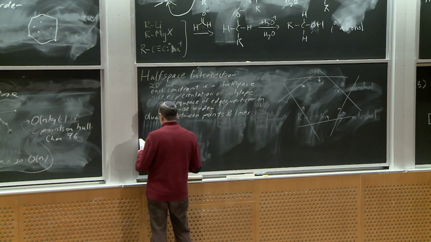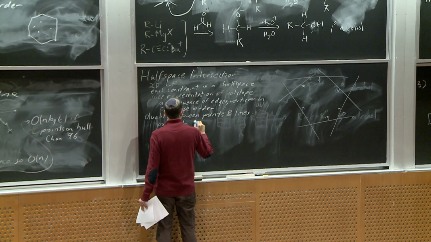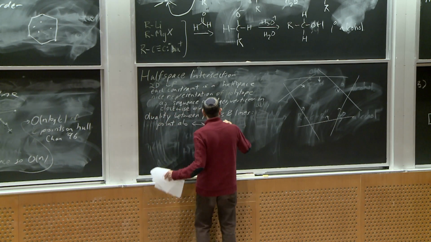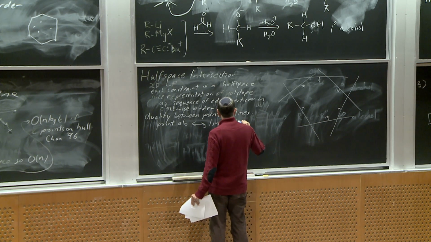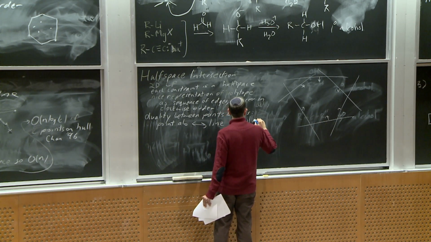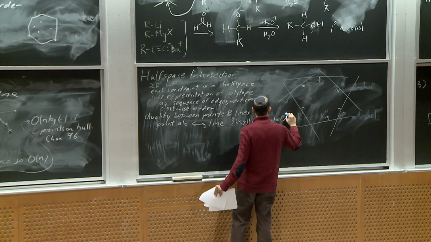Essentially what you do is you map the point (a, b) into the line of points (x, y) such that ax + by + 1 = 0.